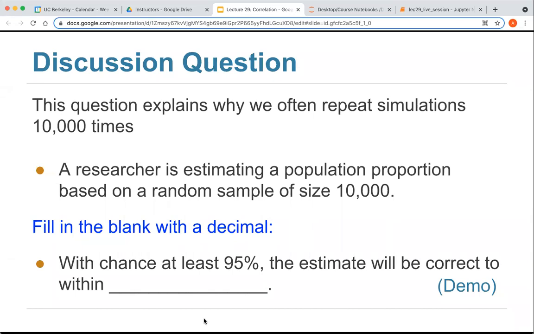So your estimate is some random quantity, and the center is going to be what you expect it to be, the population proportion, but it's going to be off. So the distance between your sample proportion and your population proportion, that's measured by what? Your estimate in the sample and the actual thing in the population.